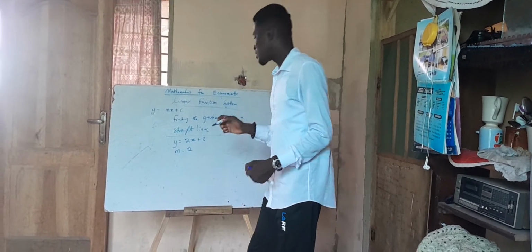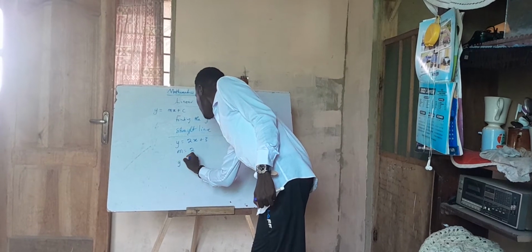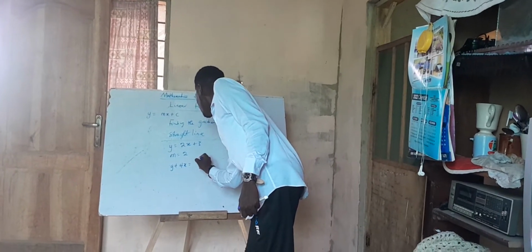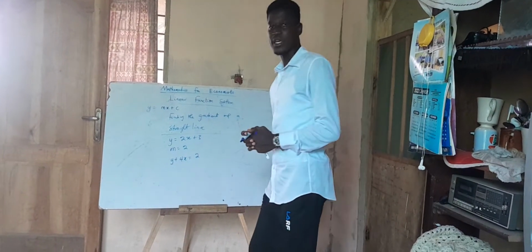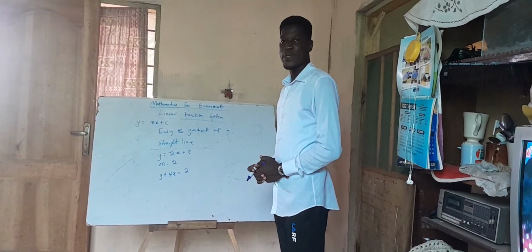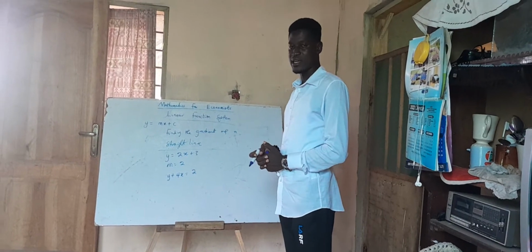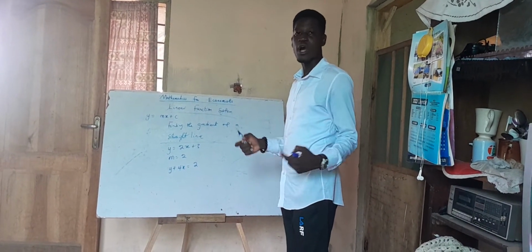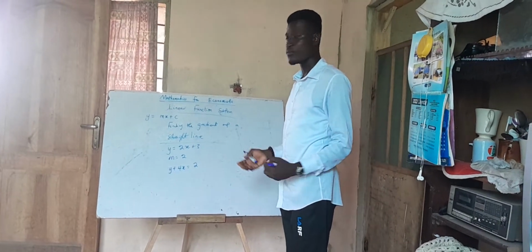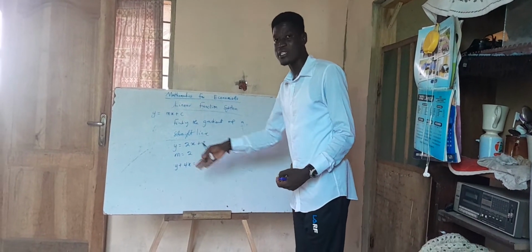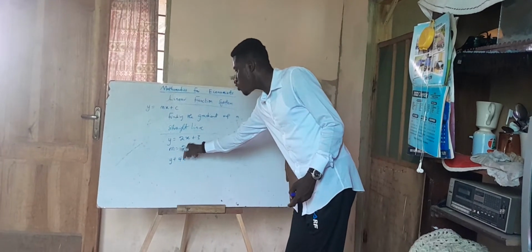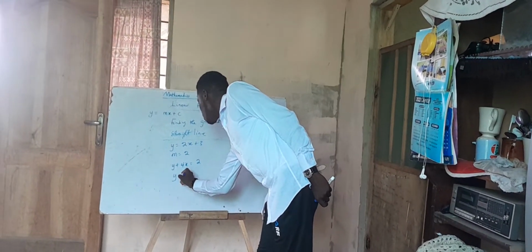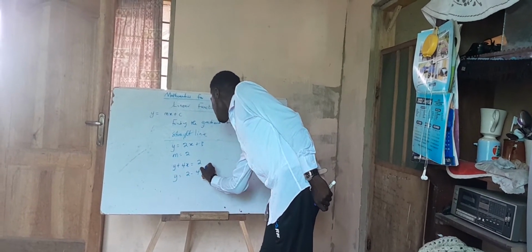A typical example is, let's say we have y plus 4x is equal to 2, and we have to find the gradient of this line. At this point, the dependent variable has not been made the subject. So how do you find the gradient? You have to make y the subject. By making y the subject, you transpose the 4x to the other side, and that gives us y is equal to 2 minus 4x.